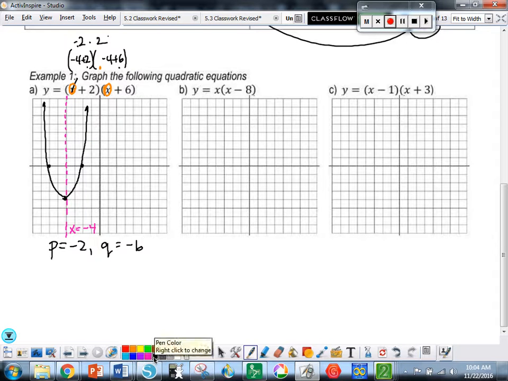Let's try another one. Jump to part C. Find P, find Q, plug it in, find the axis of symmetry, try to find the vertex. See if you can do those things as far as you possibly can.